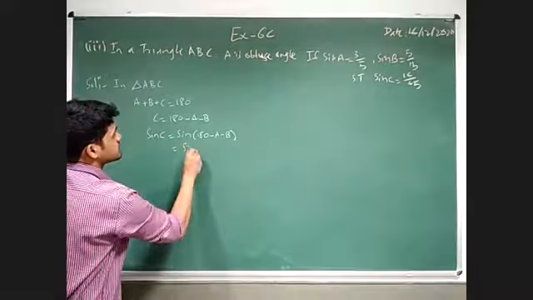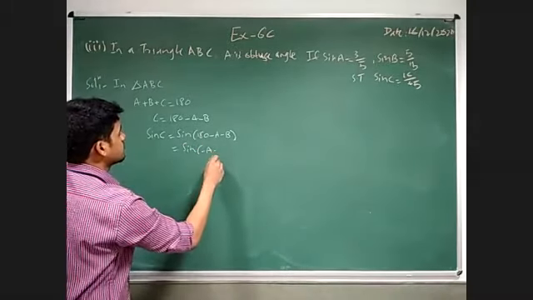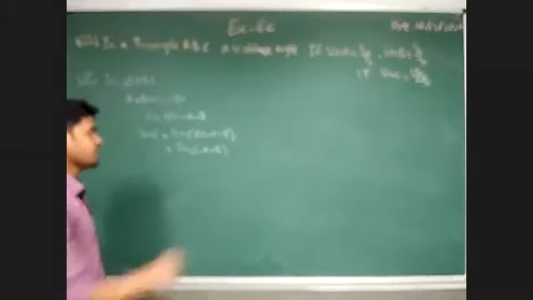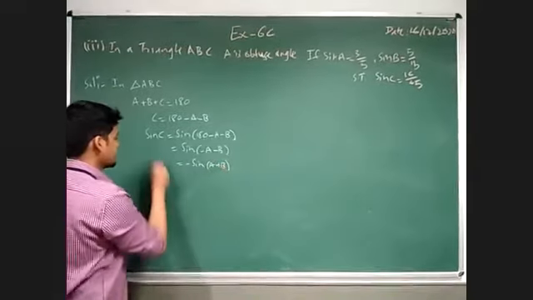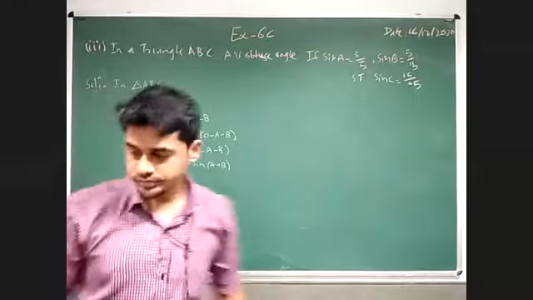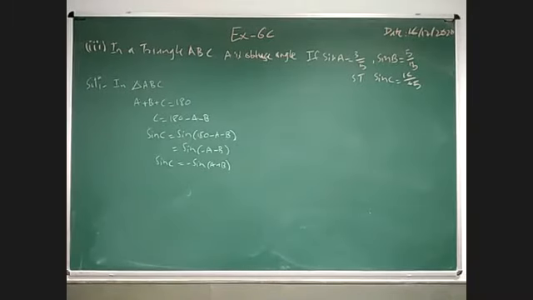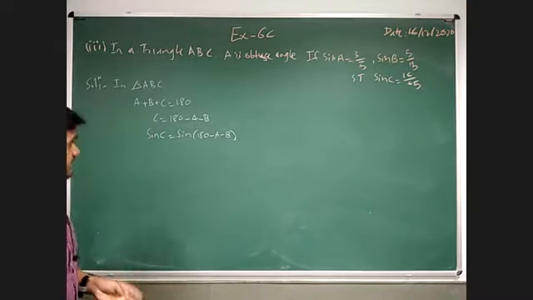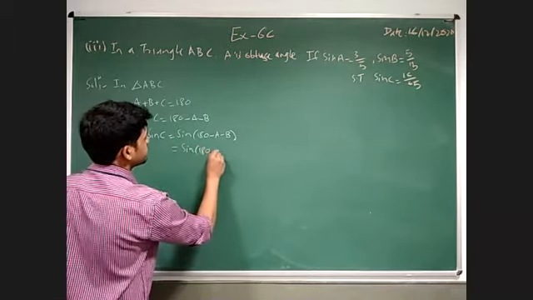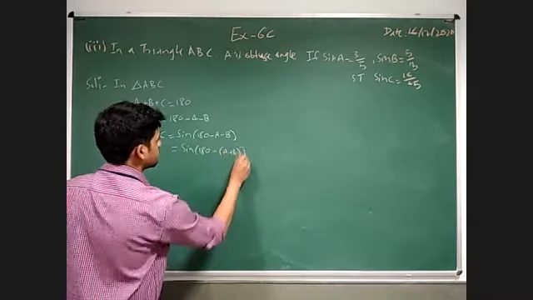So here sin of minus A minus B. Okay, if I take minus common from here, then I will have minus sin(A+B) and sin C. Okay, here you can write this thing as well, sin(180 minus (A+B)).